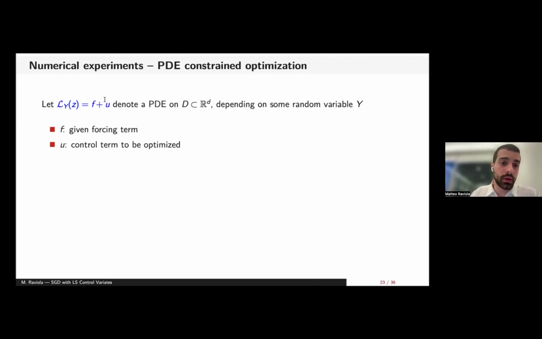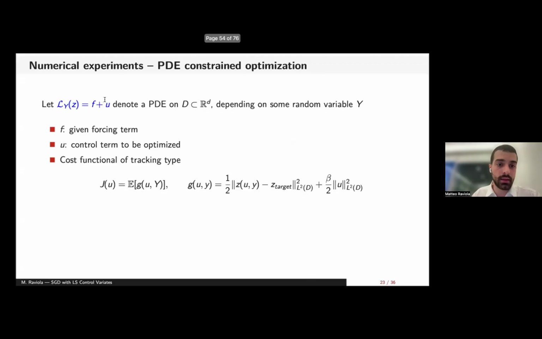U is the control to be optimized. And what we are usually using in our experiments are cost functionals of tracking type, meaning that we would like the solution of the PDE to be as close as possible to some target state, also penalizing a bit the size of the control, right?